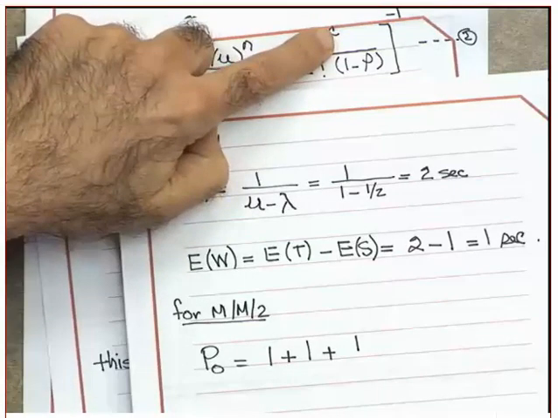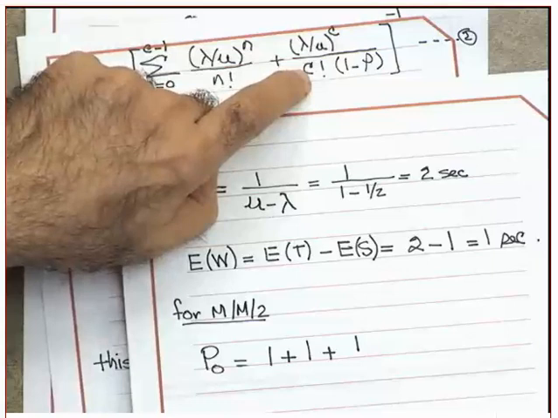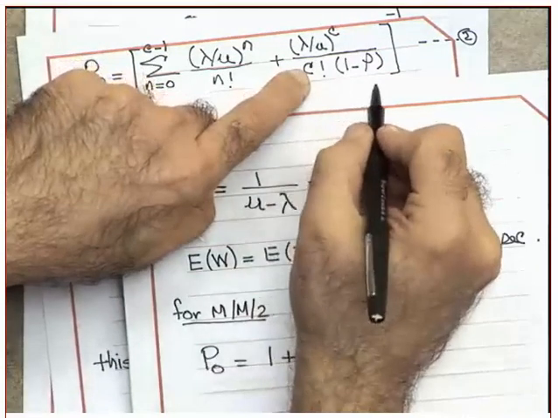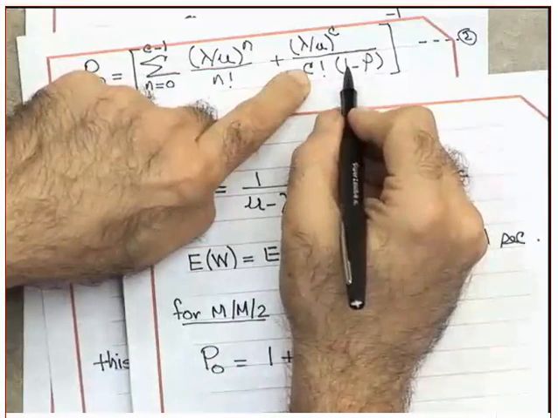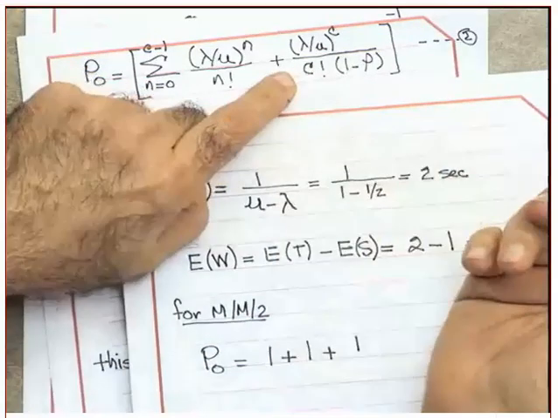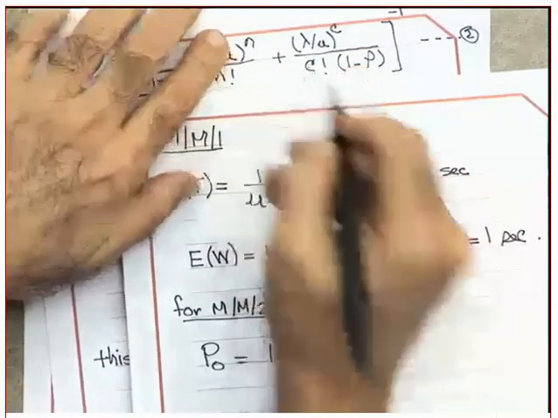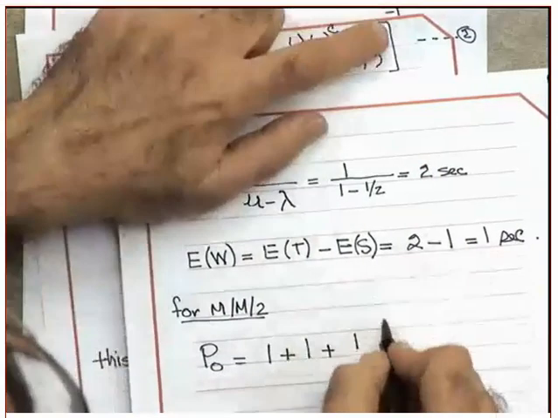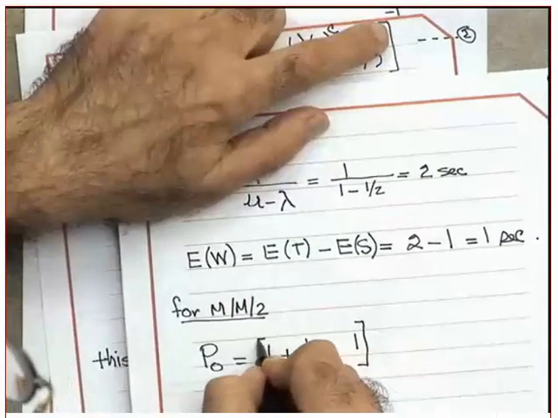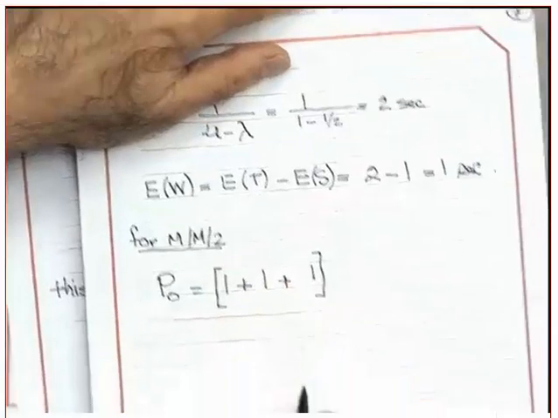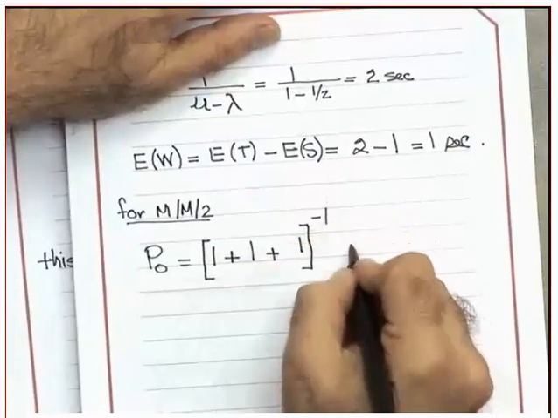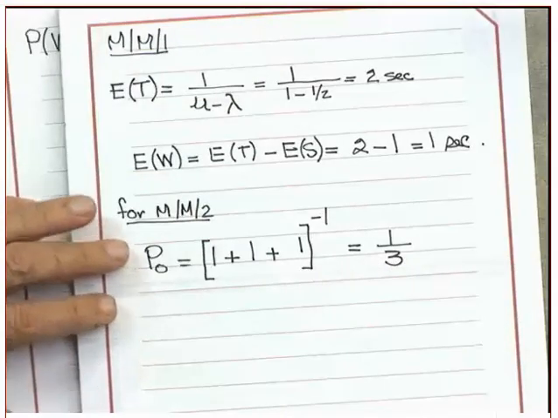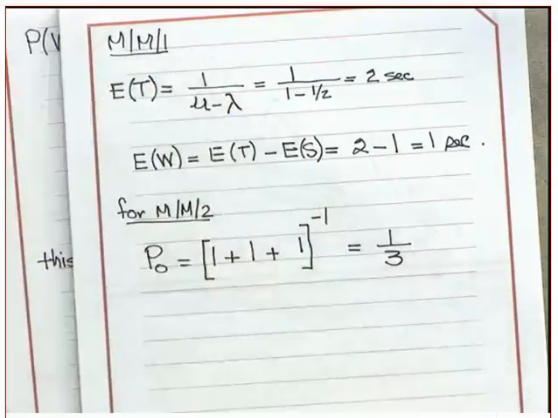So that's 1 squared, divided by 2 factorial, which is 2, times 1 minus rho, which is 1/2. So this cancels with this? So where do I end up? I forgot my 1. Saved by the bell. Minus 1, which is 1/3. Clear? Next, what do I need to find?